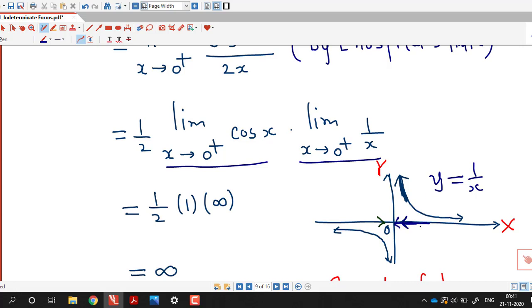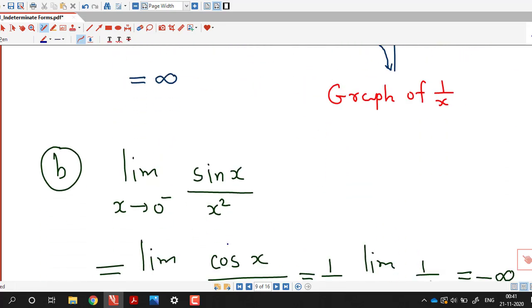So you can see as x is going near to 0, function is increasing. It is tending to infinity and it is going to positive infinity. So we can write that limit of 1 by x as x approaching 0 from right hand side is infinity with positive sign. So 1/2 into infinity is infinity.